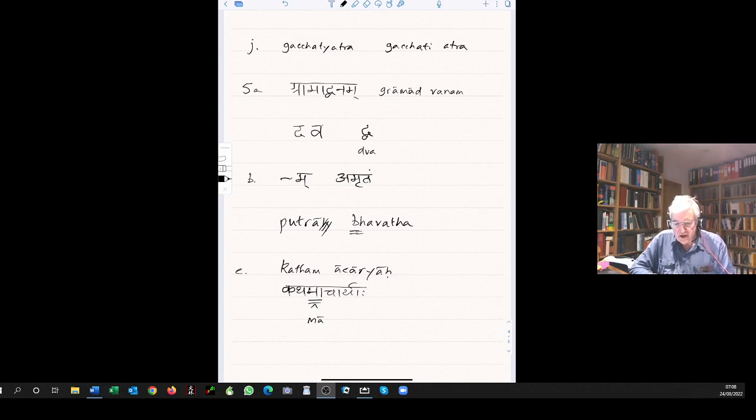Sentence G. Kutra suktanam jnanam bhavatiti virah putram prichati. Read again. Kutra suktanam jnanam bhavatiti virah putram prichati.